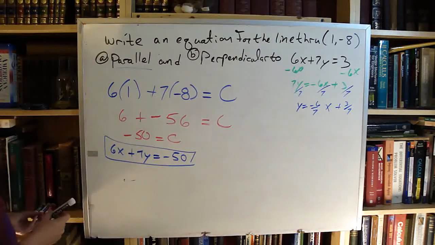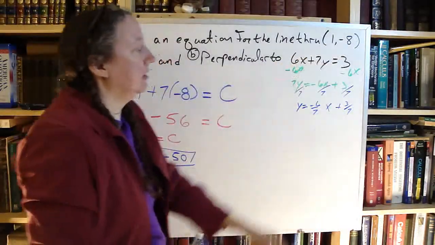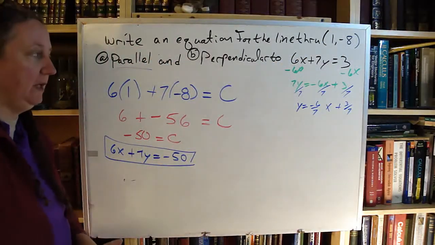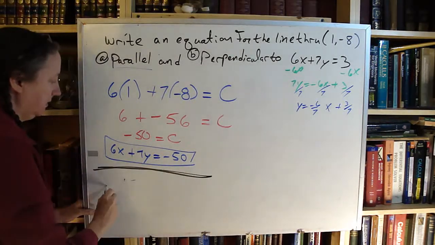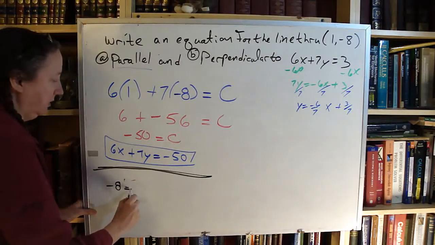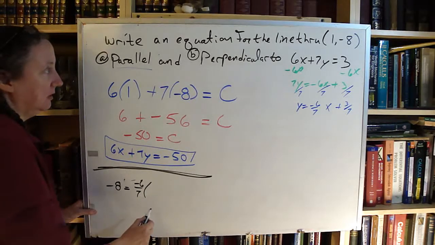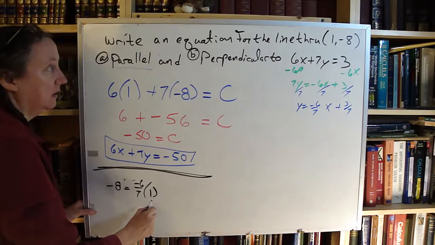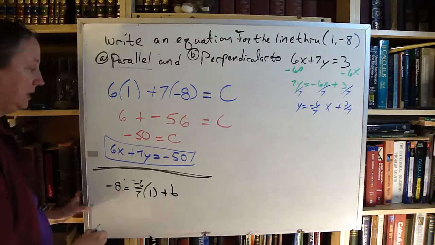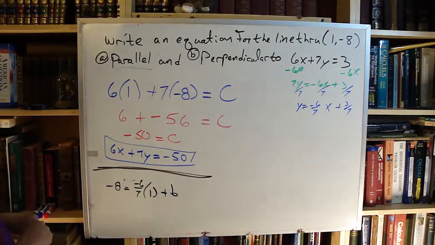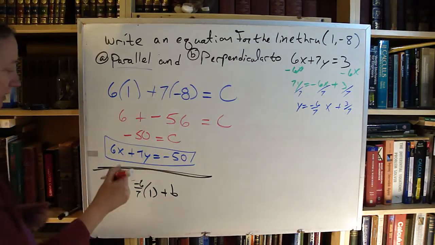I'm going to take that information. I'm going to keep my slope, and I'm going to take my x, y from up here and find a new b. So I have negative 8 equals negative 6/7 times x, which is 1, plus b. I'm tossing out my old b and looking for a new one. Negative 6/7 times 1 is negative 6/7.